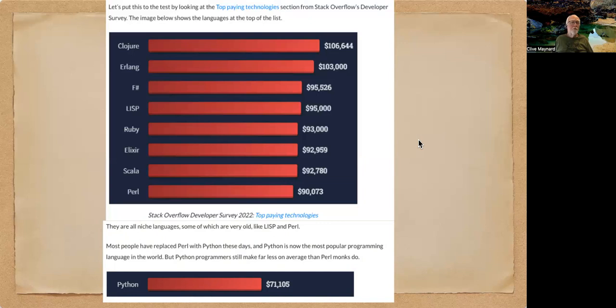Yes, so there are still people using it and they earn money, okay, do well. That doesn't mean to say that they are in any sense significant numbers. So yes, it's still a valid language, and if you're good at it, you can do quite well out of it. But the numbers are not quite as high as they used to be.